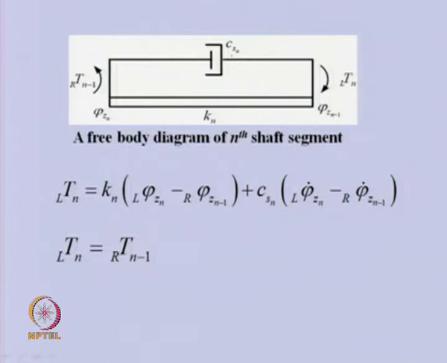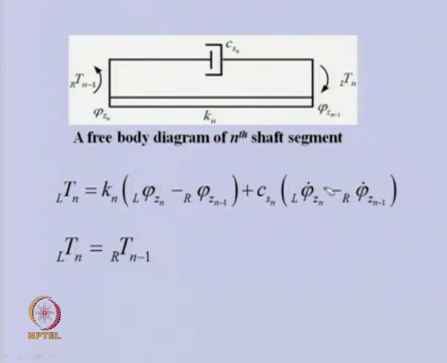So, you can see that now we can express the field variable like this. We can express the field variable, the torque at left of the nth disk, as the stiffness of the nth shaft times the relative angular displacement of these two ends of the shaft, plus the damping times the relative angular velocity.